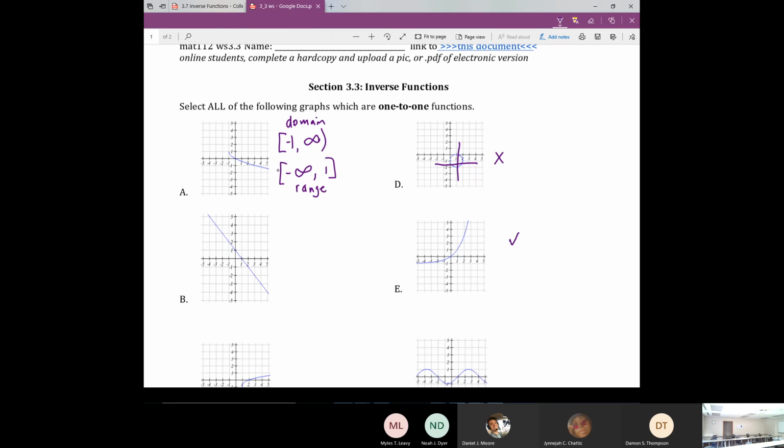If someone asked me to analyze it more deeply, to know whether it's one-to-one, all I do is a horizontal line test. Only one crossing. So that is one-to-one. Any linear function, except for an actual horizontal line, is one-to-one.